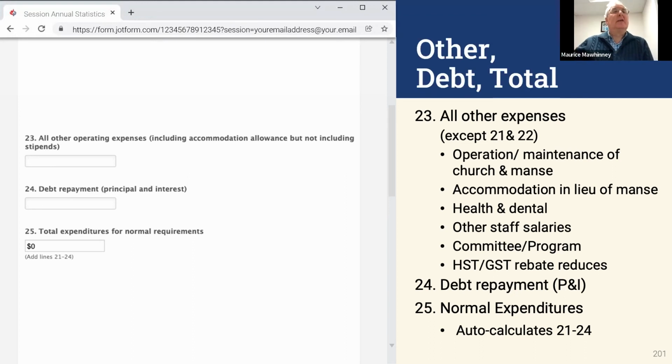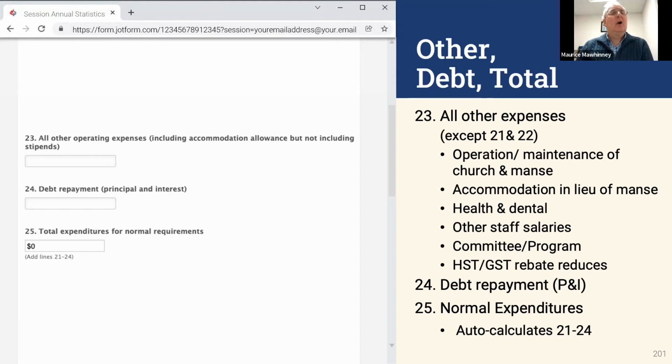And then there are other things that have to be backed out or removed. One of the items that may also cause you to have a reconciliation between your total expenses reported on your financial statements and the total expenses being reported on the statistical report is line 24.